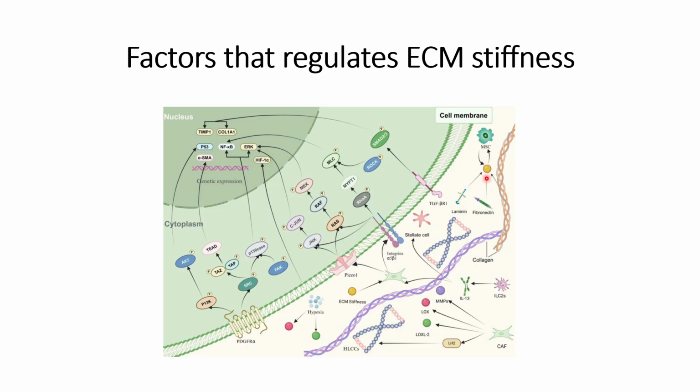And also this tumor microenvironment will have more lysine, because the lysines are secreted by the cancer cells, and once lysine is present in more amount, what LOX does is hydroxylate those lysines to make HLCC, that is high aldehyde-derived collagen, and this will lead to the further strengthening of this ECM.